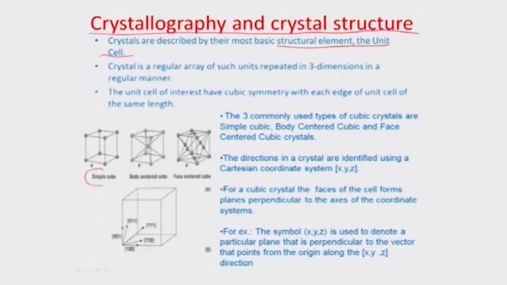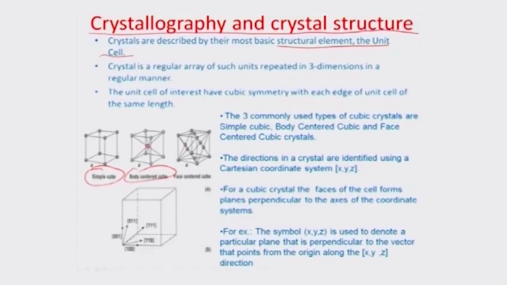So you can divide these into different classes of crystals, like simple cubic, where there are 8 atoms on the 8 corners of this cube; body centered cubic, where you have atoms on the corners as well as one in the center of the whole cubic lattice. And this is what one unit cell would look like, and a repetition of all these unit cells in the 3 dimensions would typically result in what you call a single crystalline material.